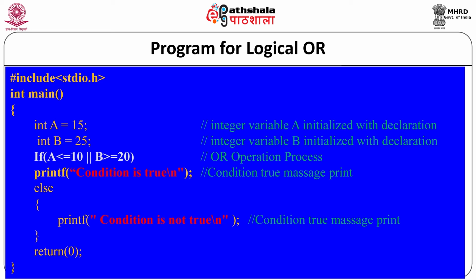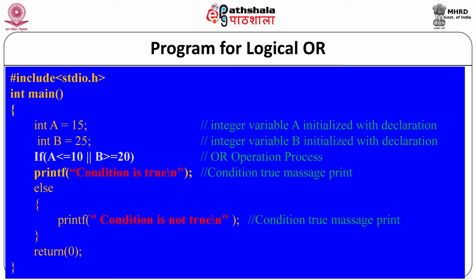Now you can see the symbol of logical OR is shown under the if statement. You can see here the condition is put like a less than or equal to 10 and b greater than 20. In this program the value of a is 15 and the value of b is 25.